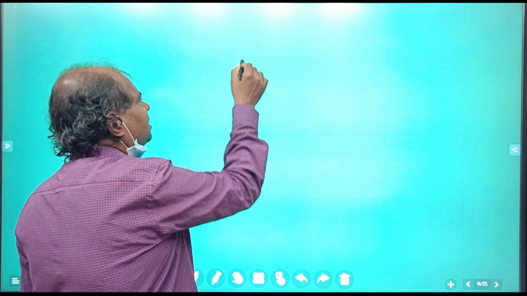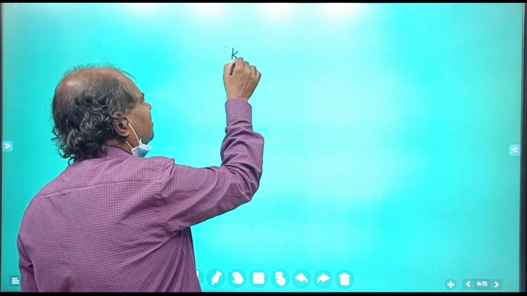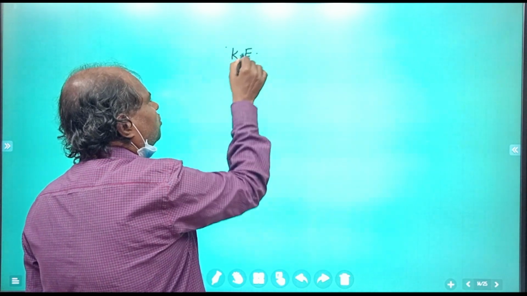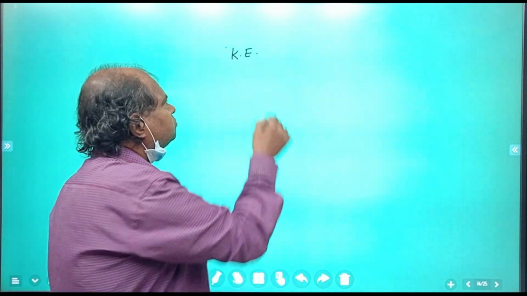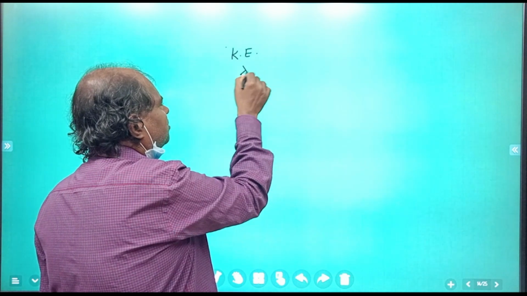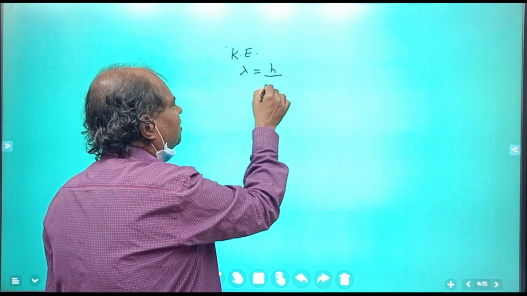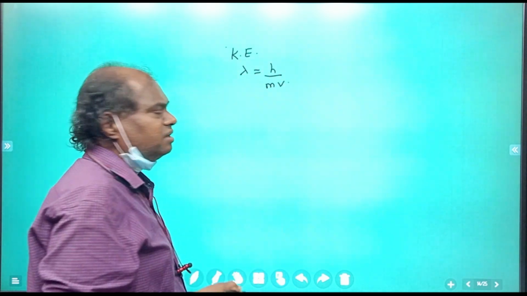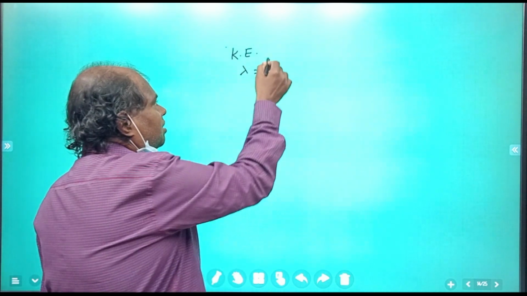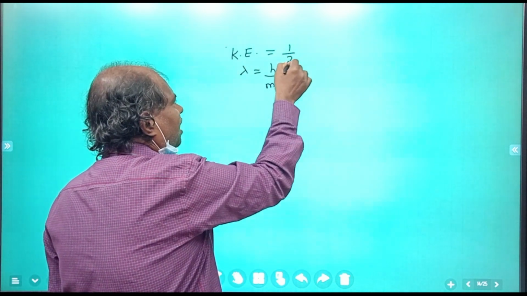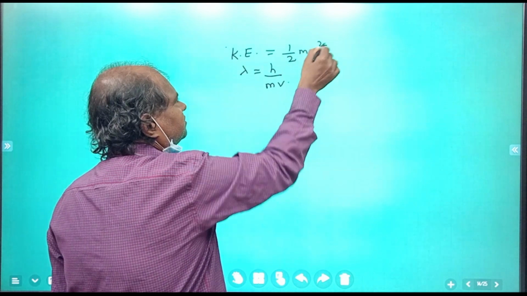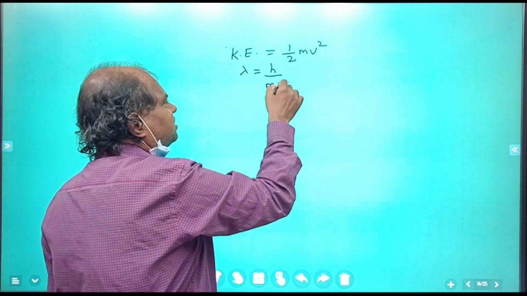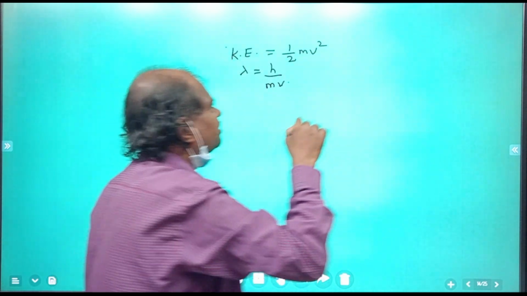Now let me give you one more question, students. Suppose they give you kinetic energy. Then how to calculate lambda? The equation remains the same. Lambda is equal to h by mv. But kinetic energy is equal to half mv square. So now what you should do is get the velocity in terms of kinetic energy.